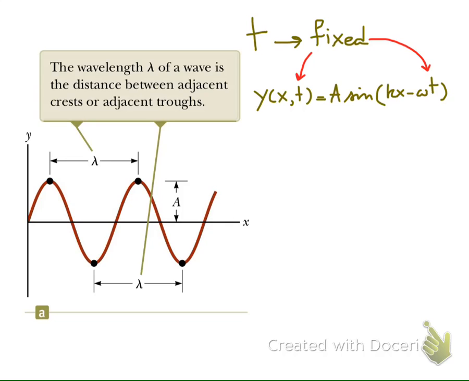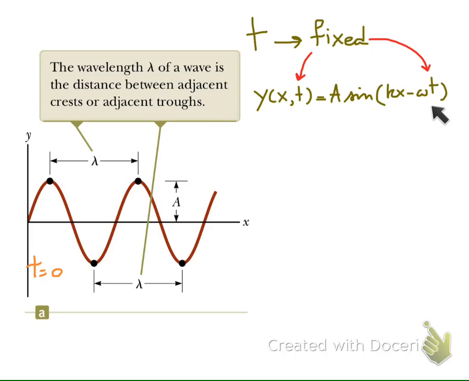If you look at this figure, you can see that it is the snapshot of this sinusoidal wave at the time t equal to 0, because at x equal to 0, y is equal to 0.